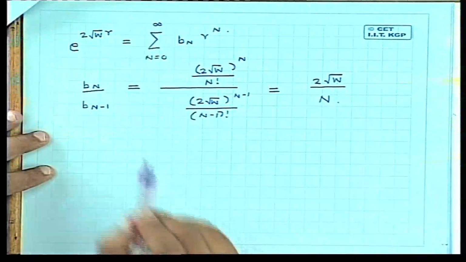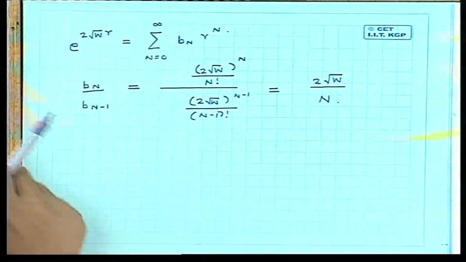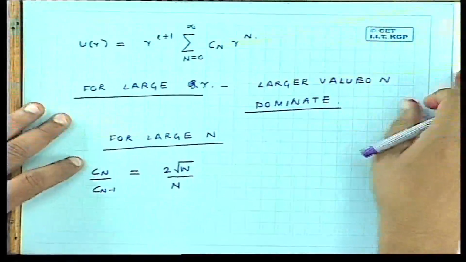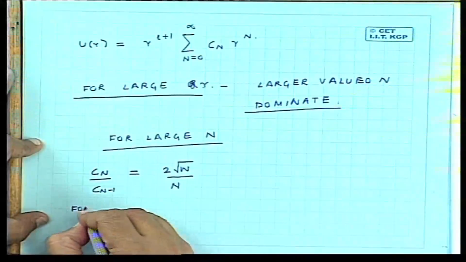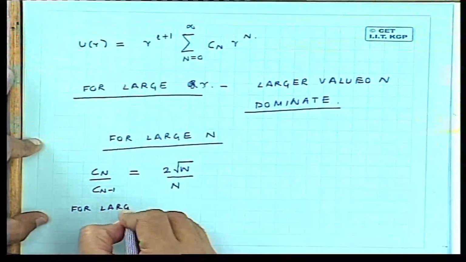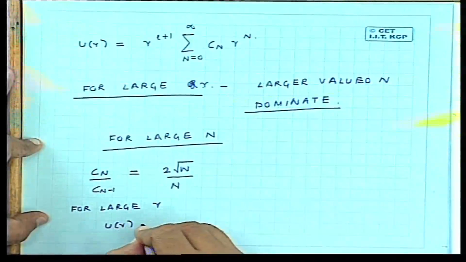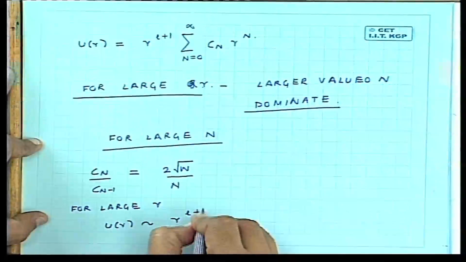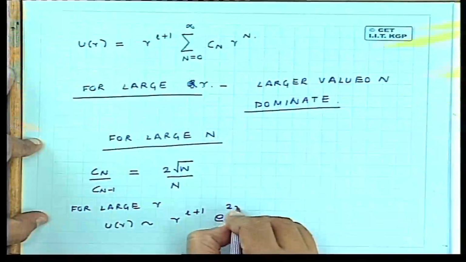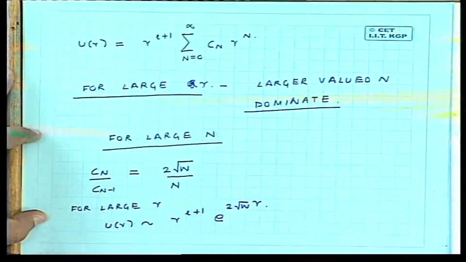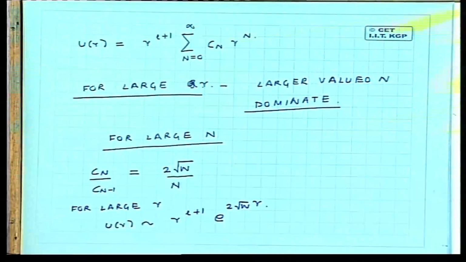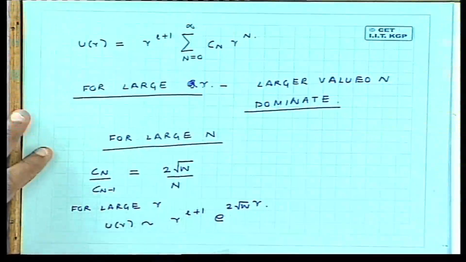Which tells us that for large r, u of r is going to behave as r to the power of l plus 1 e to the power 2 square root of w into r. So this is the large r behavior of this solution.